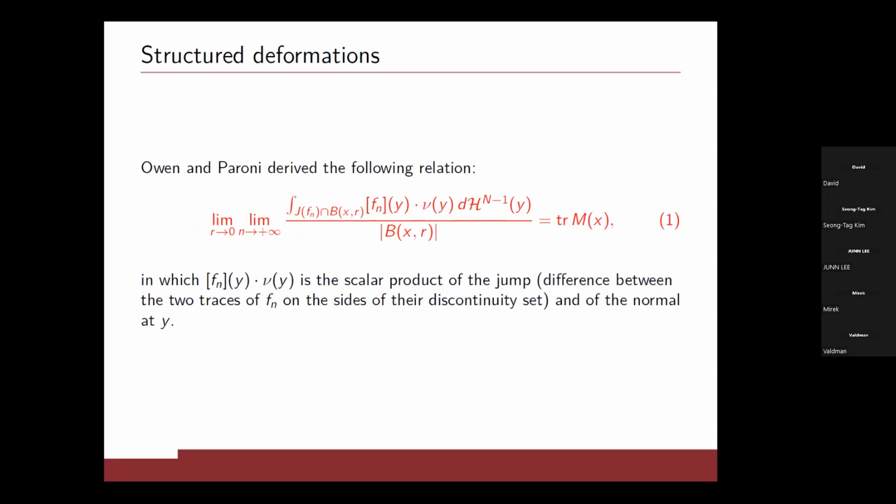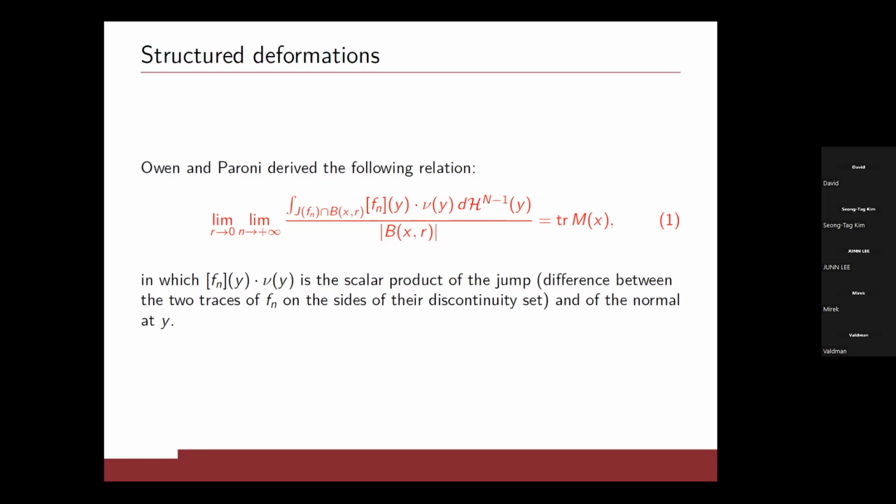At least you can see that the trace of this vector field capital M is obtained essentially as a Radon-Nikodym derivative of the limit of the trace of the singular part of the micro deformation Fn, because by this bracket Fn I mean the difference between the two side limits, Fn plus and Fn minus.